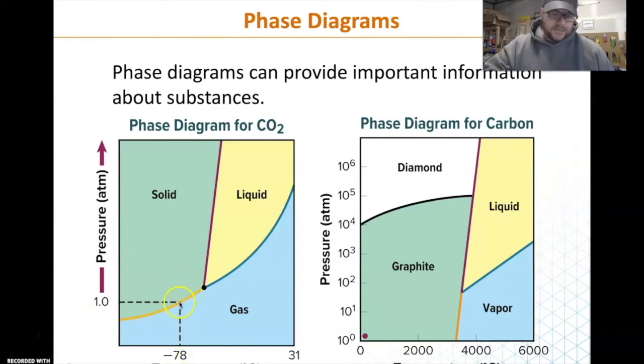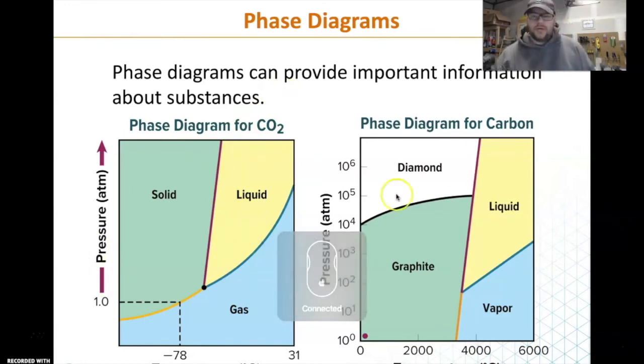If we raise the pressure up a little bit and start heating it up, we could actually get liquid CO2, and that's what would be in a CO2 tank that's hooked up to a soda machine at a fast food restaurant or something like that.